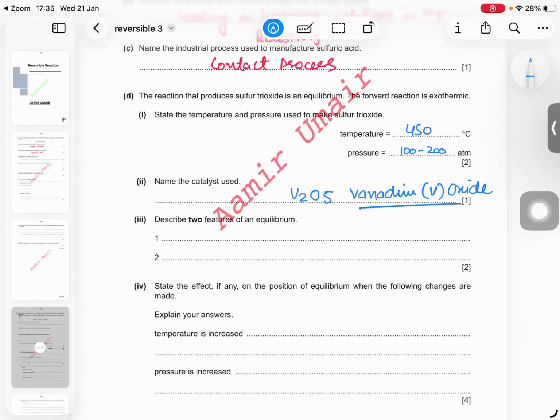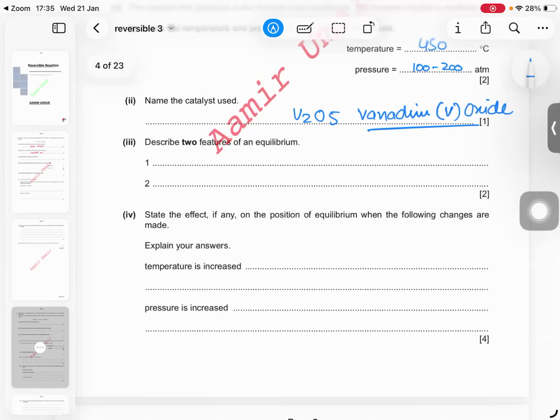What are the two features of equilibrium? Describe two features of equilibrium. Rate of forward reaction equal to the backward. Please don't forget, if you miss the word rate, they're not going to give you the mark. And what else?